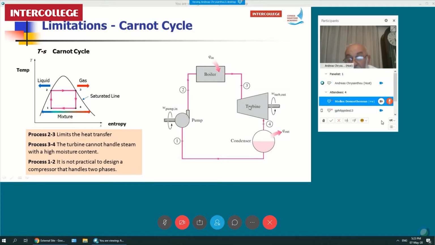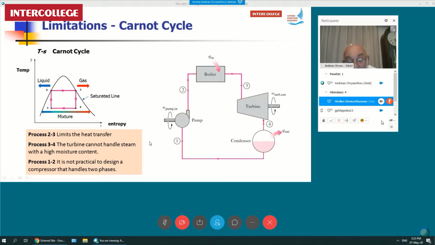They cannot tolerate any droplets or any traces of mixture, as these will cause pitting of the turbine blades, and in the case of the pump, it will cause cavitation problems. So automatically, the theoretical Carnot cycle provides us with practical problems.